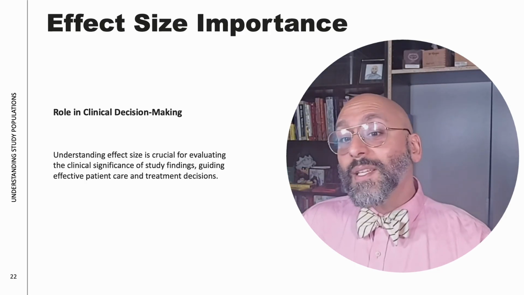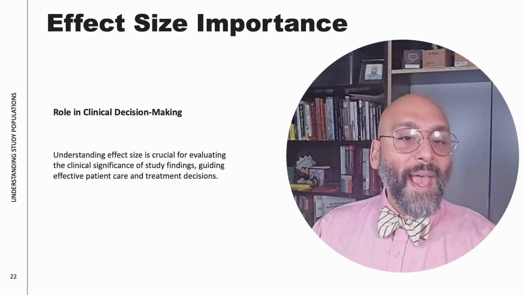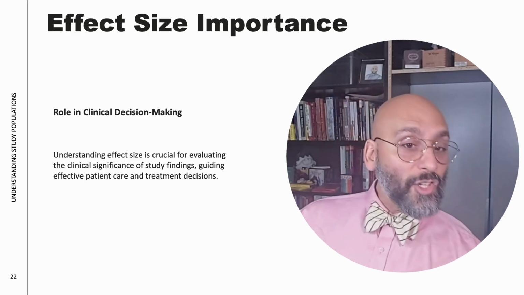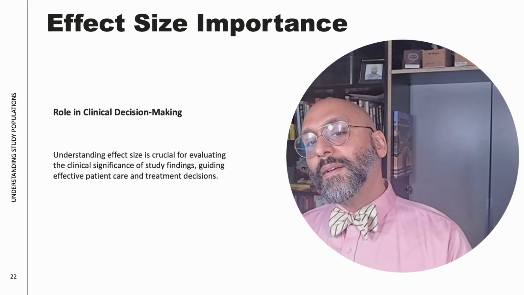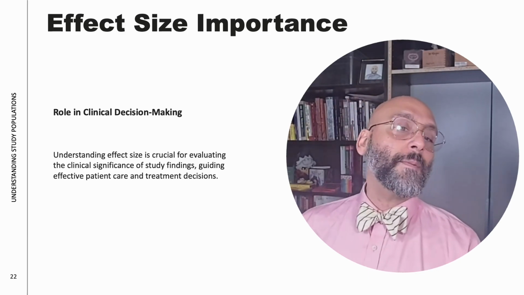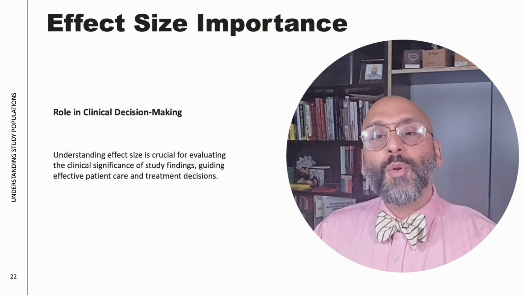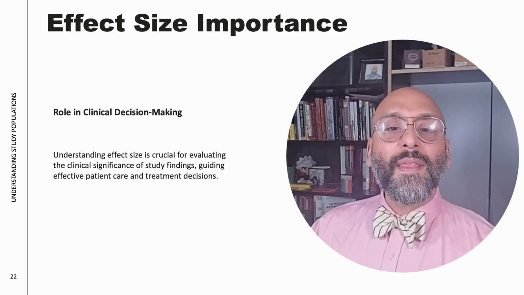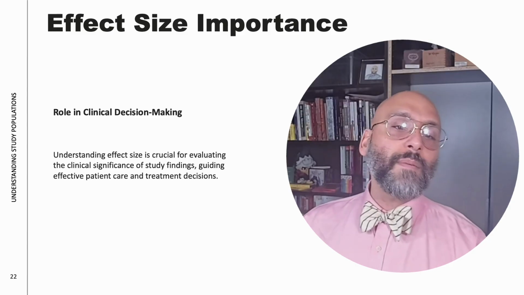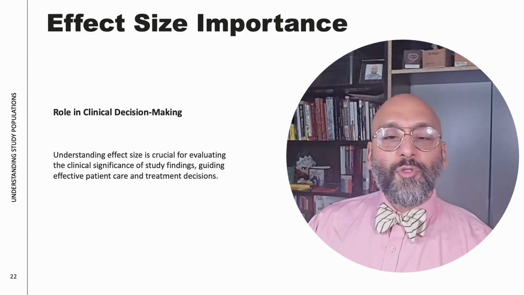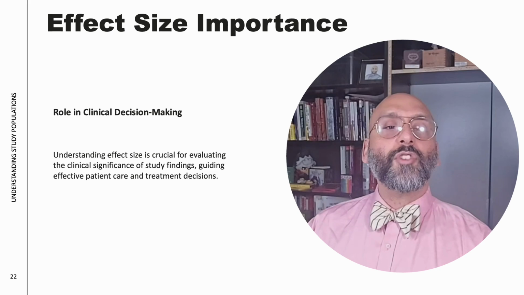From a prescribing standpoint, effect size helps you weigh benefit versus side effect burden, medication versus psychotherapy, medication versus watchful waiting or supportive care. Effect size is also what allows you to compare studies meaningfully, even when they use different scales or outcome measures.